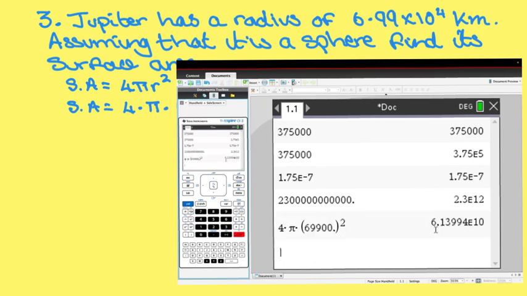So my final answer is 6.13994 times 10 to the power of 10, which would round to 6.14 times 10 to the power of 10. Write down the final answer, which is 6.14 times 10 to the power of 10. So the surface area of Jupiter, assuming it is a sphere, is 6.14 times 10 to the power of 10 kilometers squared.